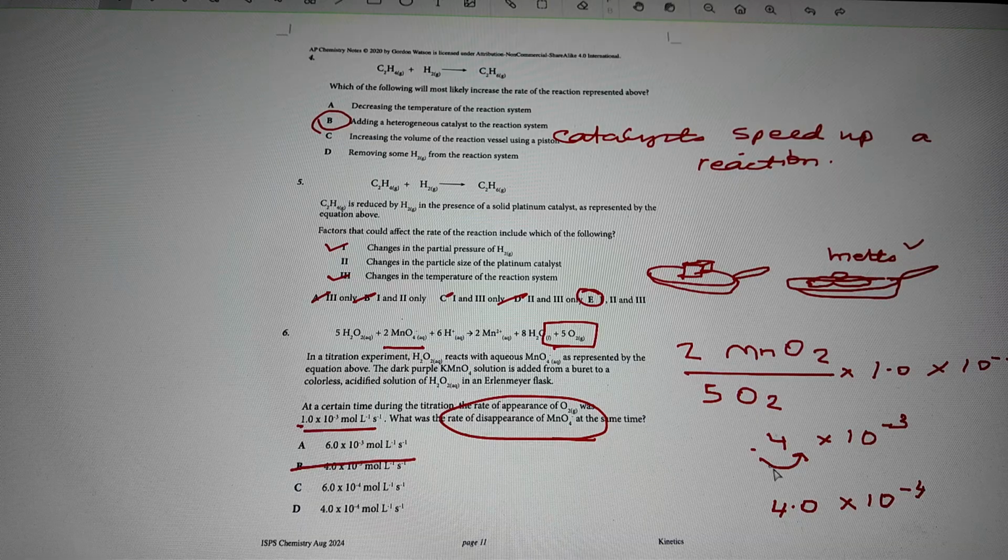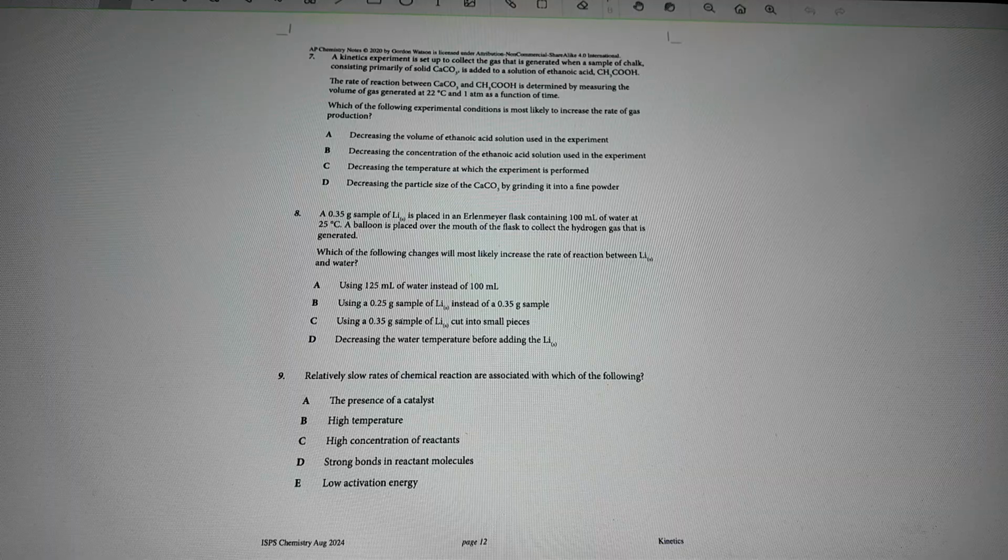We move this one place over, and we move this one place forward, and it's the same number. Okay. Moving on.